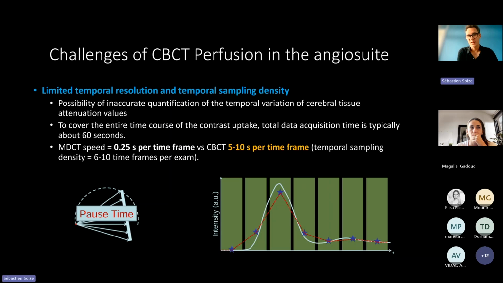So what is clear is that you cannot expect such a smooth and beautiful curve as you get with CT perfusion. But with 5 to 10 time points, it's largely okay to derive a very good curve, which is very close, not perfect, but very close to the CTP perfusion or MR perfusion.